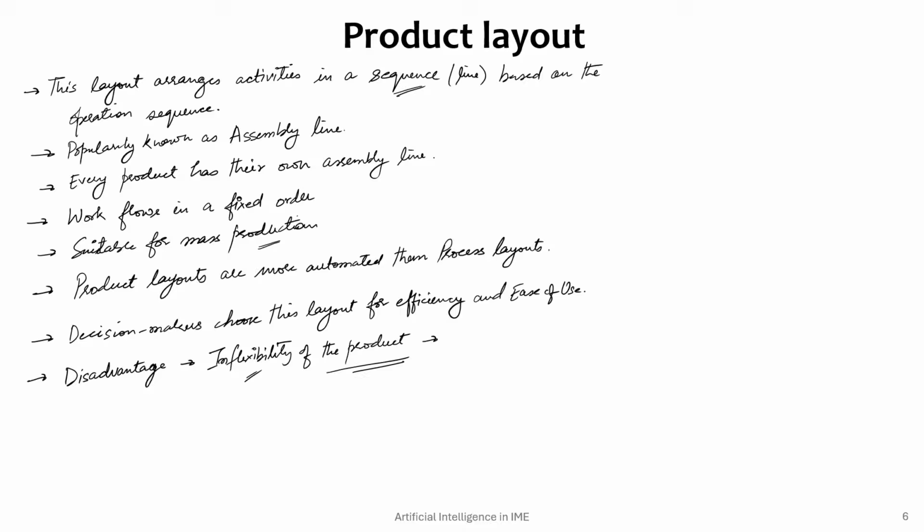Now to compare between product layouts and process layouts, we can discuss this with a simple example. Let's say there are two different mobile manufacturers, one is A and the other is B, right? Now they both have their own assembly line for developing their products, but what if they want to outsource this production of mobile phones to a different manufacturer?